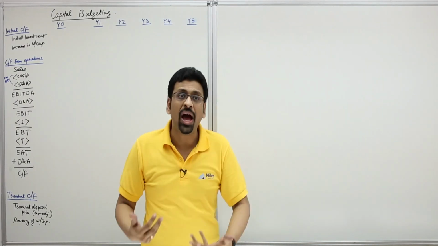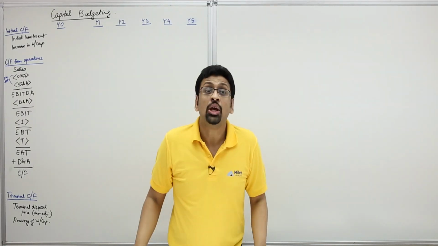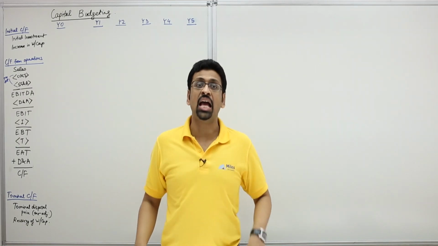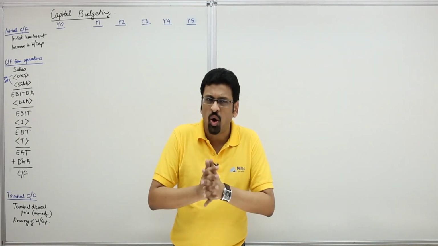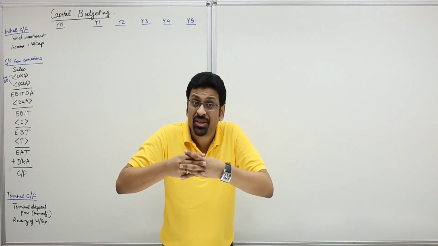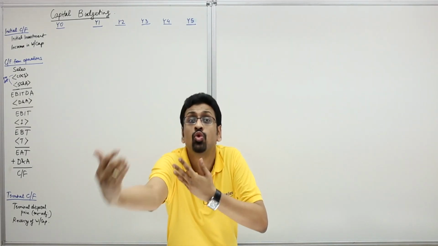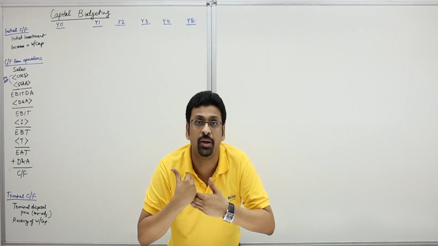Now we're going to evaluate the alternatives or projects using discounted cash flow techniques. Basically, you're looking at evaluation of an investment today versus present value of future cash returns from the investment.